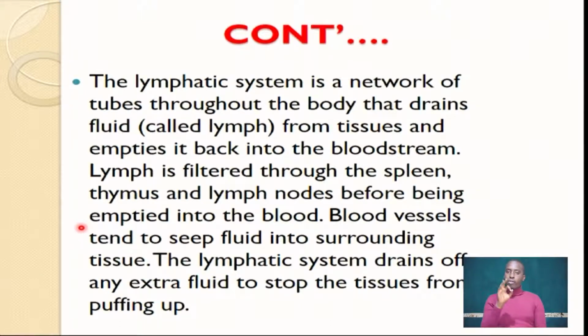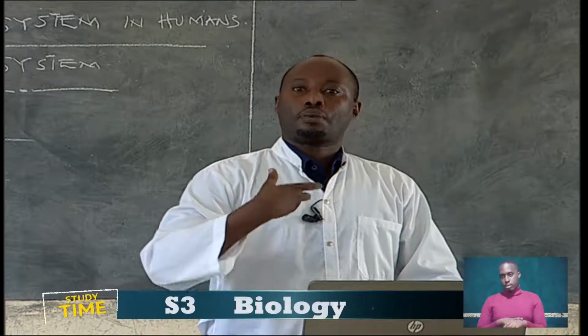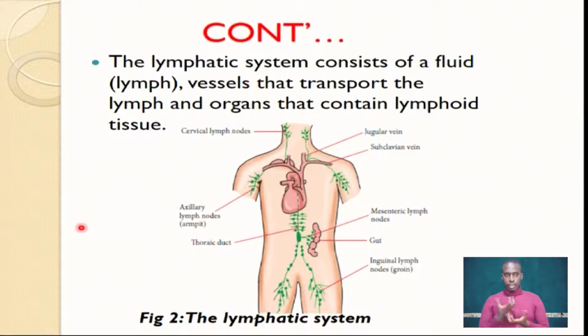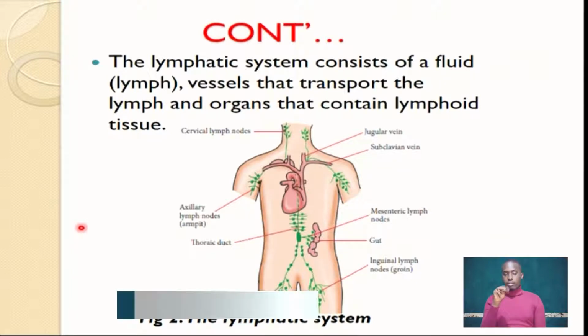If the tissues puff up, it has to be stopped so that they can perform their normal functioning. The lymphatic system is made up of lymphatic fluid, which is called lymph. It is made up of lymphatic vessels that transport lymph, and organs that contain lymphoid tissues.